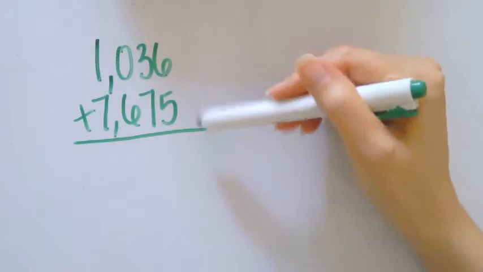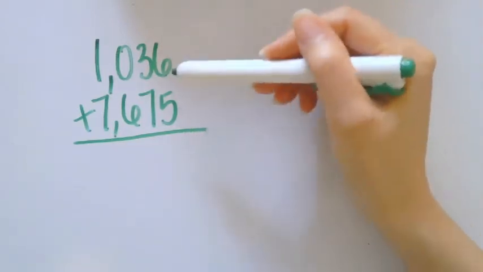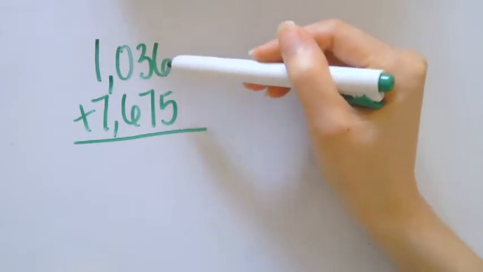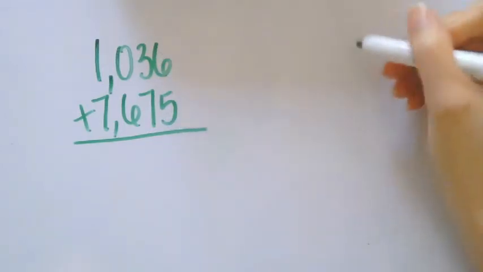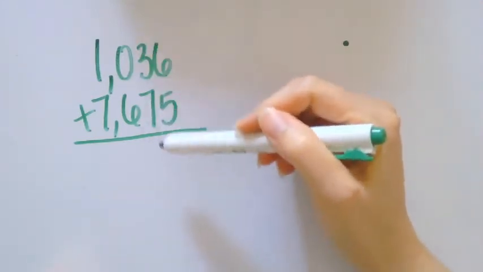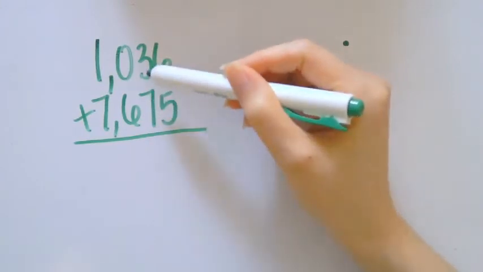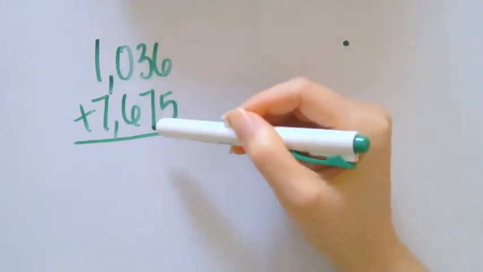So because we're starting in our ones place, we also want to understand that this is called our ones place because these numbers represent 6 ones, 5 ones. Okay? And our next place value is called the tens place because this 3 represents 3 tens, 7 tens.